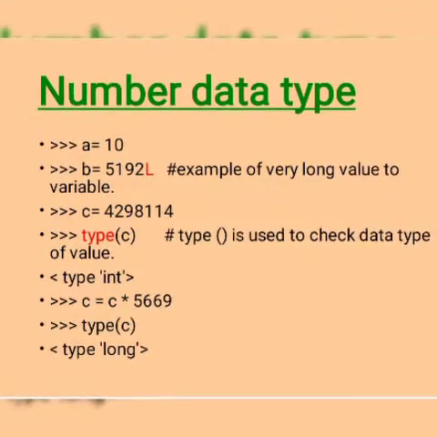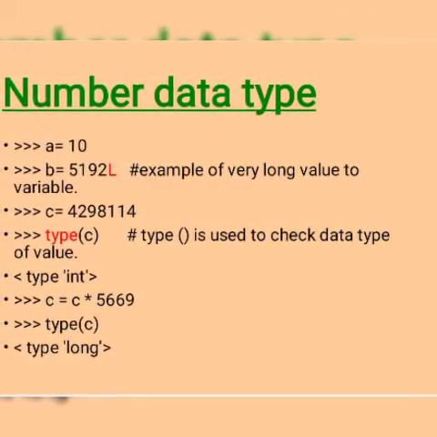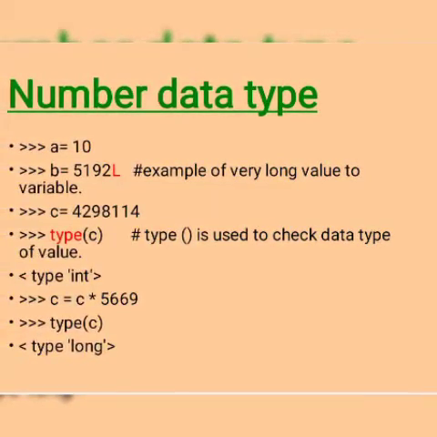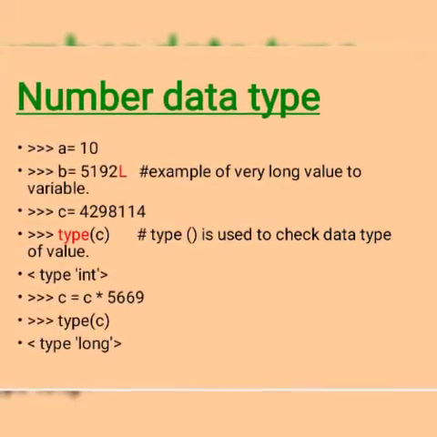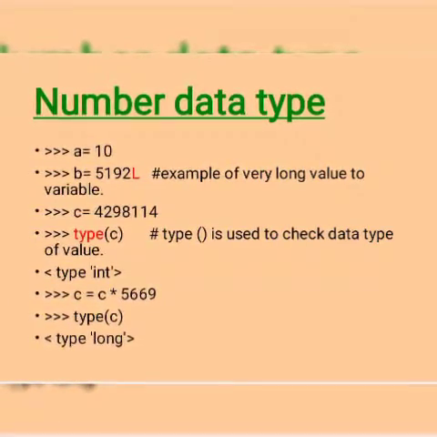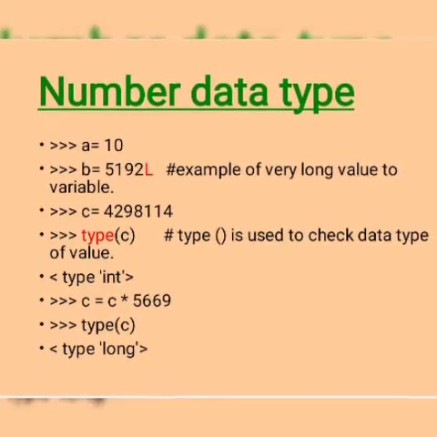For example, here you can see on the slide, I have written some commands. First of all, you will see the three greater than signs. This is called the Python prompt, the primary prompt of Python. We have gone through it in the earlier lecture.